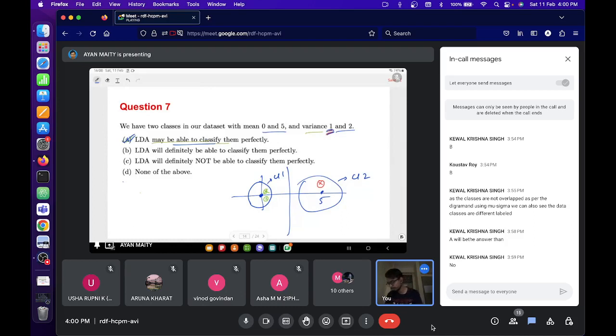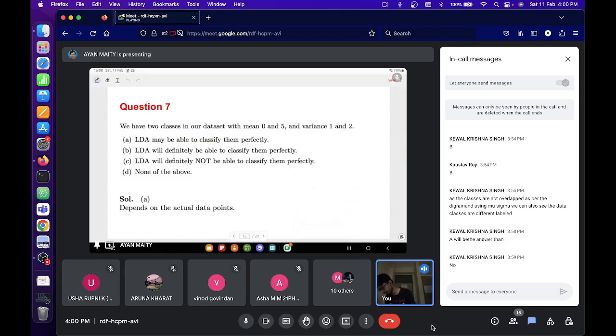It will be able to classify, but not perfectly. So A is the right answer. It depends on the actual data points. We need the actual data points to say whether there are any points which actually belong to class 1 but are nearer to class 2. Whether outliers are there or not, we will not be able to find out if we are not given the data points. So that's why A is the right answer here.